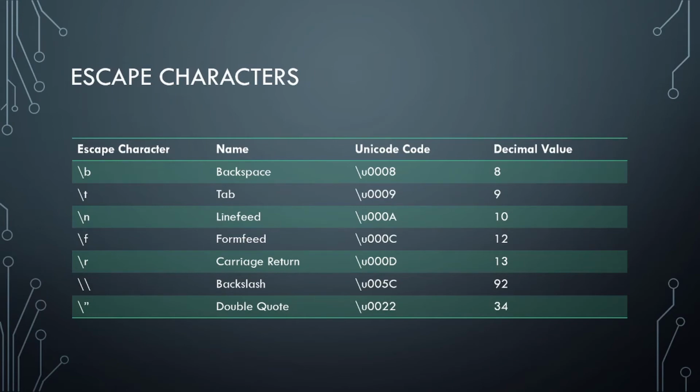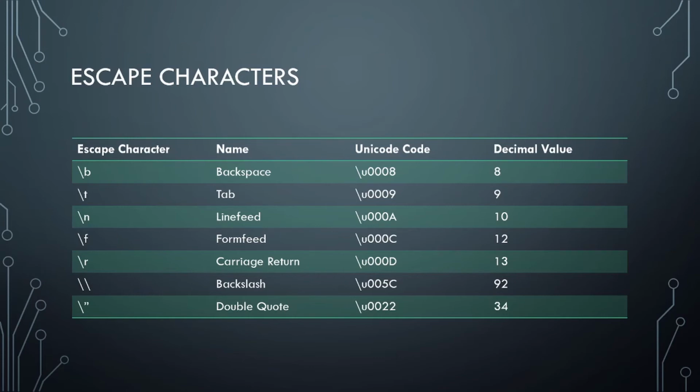In some cases, if you want a backspace, you would type in backslash B. If you want to space things out, you could use backslash T, backslash N, or backslash R. Those really start to space things out. Tab usually adds 4 spaces or 3 spaces, however your tab is set up. Line feed, which is backslash N, is basically a new line. R is a carriage return. And so you get that.